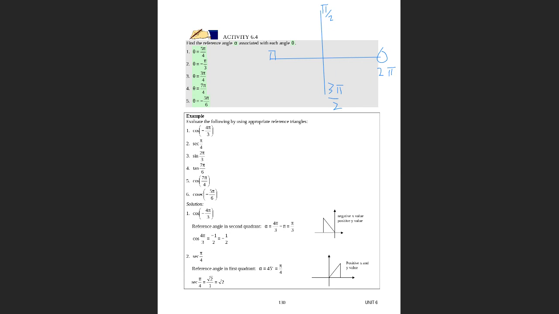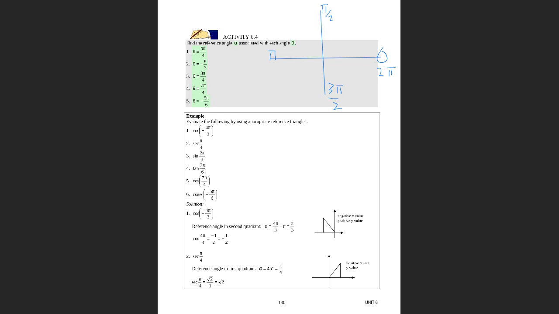If our angle is negative, we go in the clockwise direction.